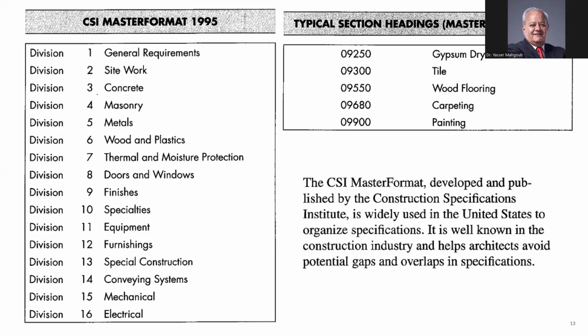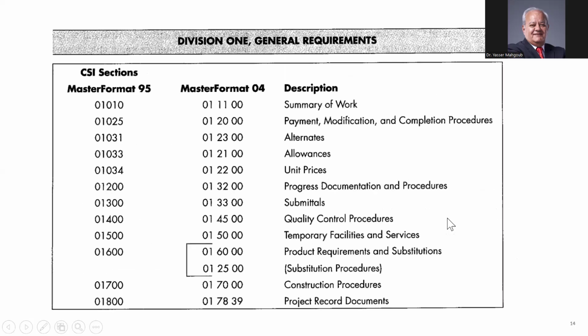It was published in 1989, and it was a simple type of work. This is the 1995 format, 16 divisions. This was used in many countries, especially the US, for many years.